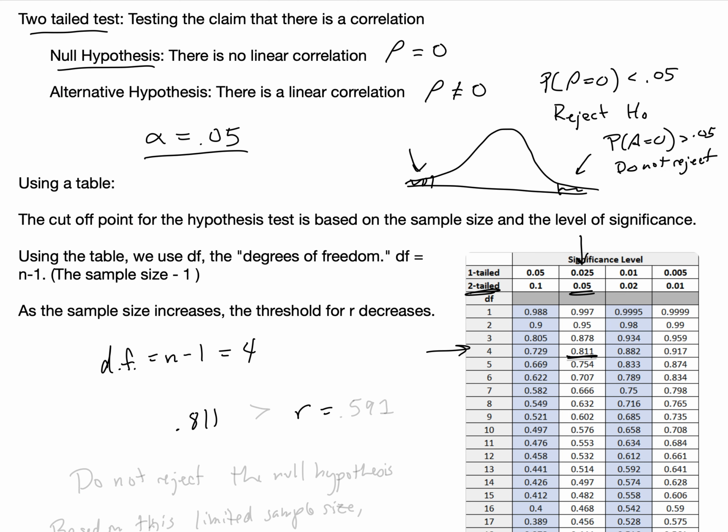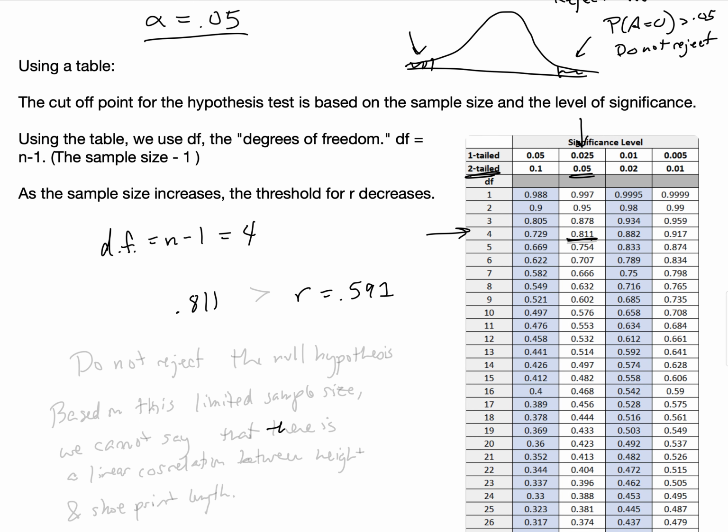R was 0.591. So in this case, R is much less than 0.811, the required size of R in order to reject the null hypothesis. And so this means that we do not reject the null hypothesis.